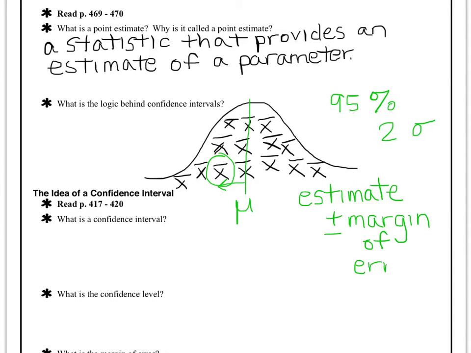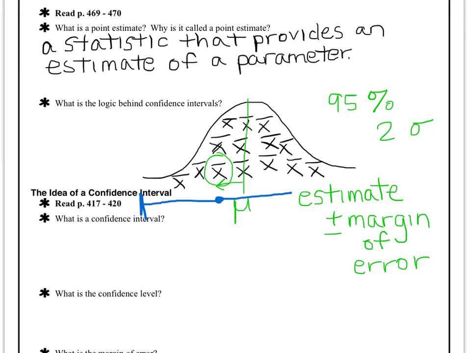From one endpoint of that margin of error to another, maybe this is my estimate, and if this way is my margin of error, whatever it may be, and this way is my margin of error, then I can find that hopefully the population mean will be in this interval from here to here.